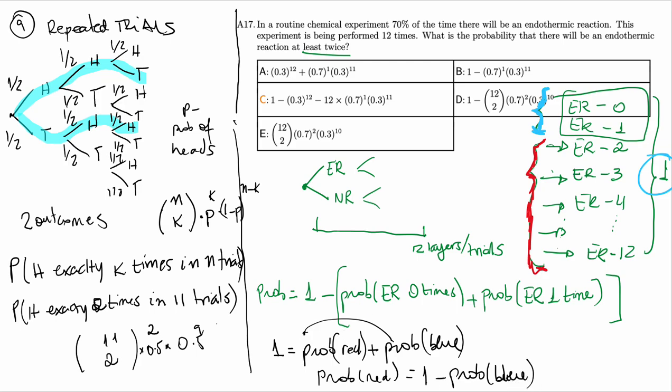Okay? What is the probability of blue? Well, the probability of blue are both these situations here. So the probability of blue is the probability of the reaction happening exactly 0 times, plus the probability of the reaction happening 1 time. Okay? Good? All right, so I'm going to get rid of this.